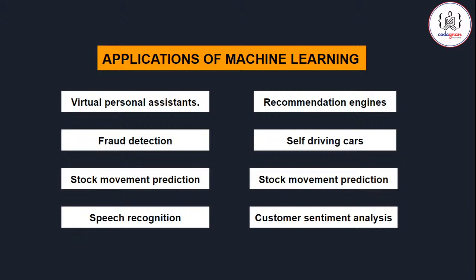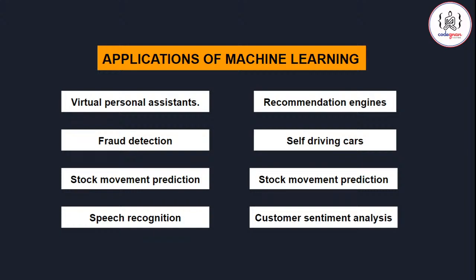Now, if you look at the applications of machine learning, here are a few of the listed applications. There are many more. If you can think of anything, the possibility is that you can use machine learning in that field as well, be it the banking sector, marketing, or self-driving cars.